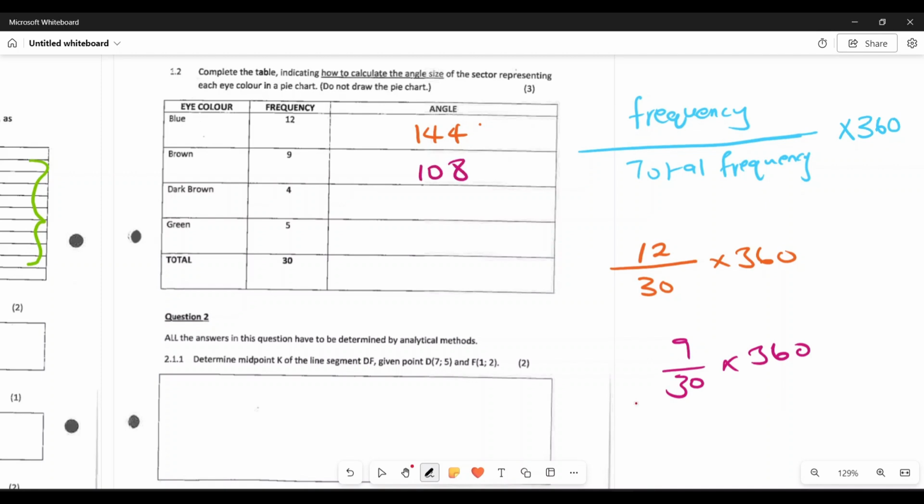Now you need to do the same for every one. Now for the next one, it's 4 over 30 multiplied by 360, which would be 48. Now for the green, it's 5 over 30 multiplied by 360, which should be equal to 60. And when you add all these angles, they should equal 360. This is your total.